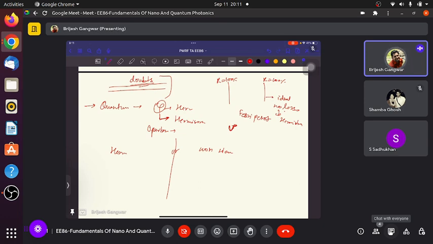In the Hermitian operator, the solution will be real, not imaginary. In a non-Hermitian system, the solution will be complex. So it is related to something like that.